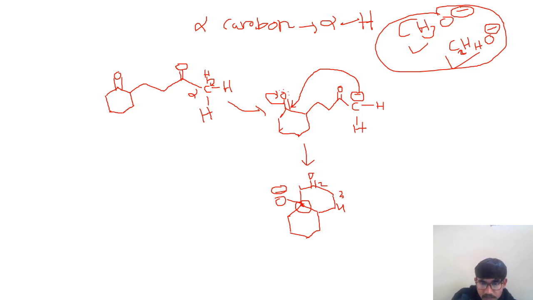And the final step is that the H plus which was removed earlier. Remember, in chemistry nothing goes to waste. So the hydrogen which was removed earlier, now this OH minus will donate electrons to this hydrogen because it already has an extra lone pair.